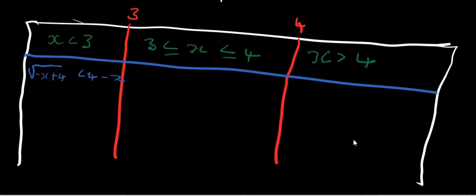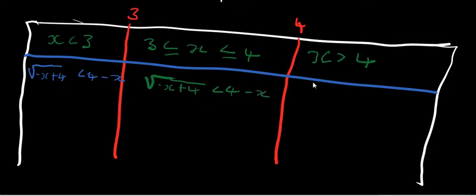So we are simply picking up from there, and in this box we are going to use this same expression, which is square root of negative x plus 4 should be less than 4 minus x.